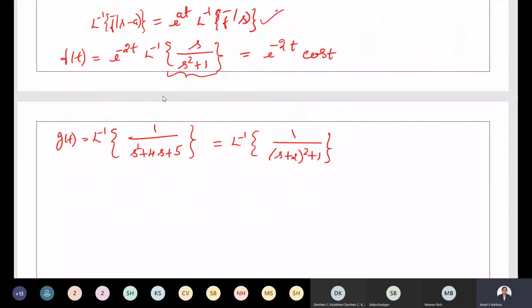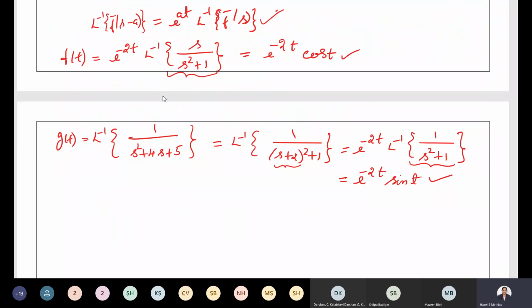What do we get? e^(-2t) into L inverse of, wherever s plus 2 is there, replace it by s, so it will be 1/(s²+1). The L inverse of 1/(s²+1) is sin t by 1, which is nothing but sin t. So we have found f of t and g of t.